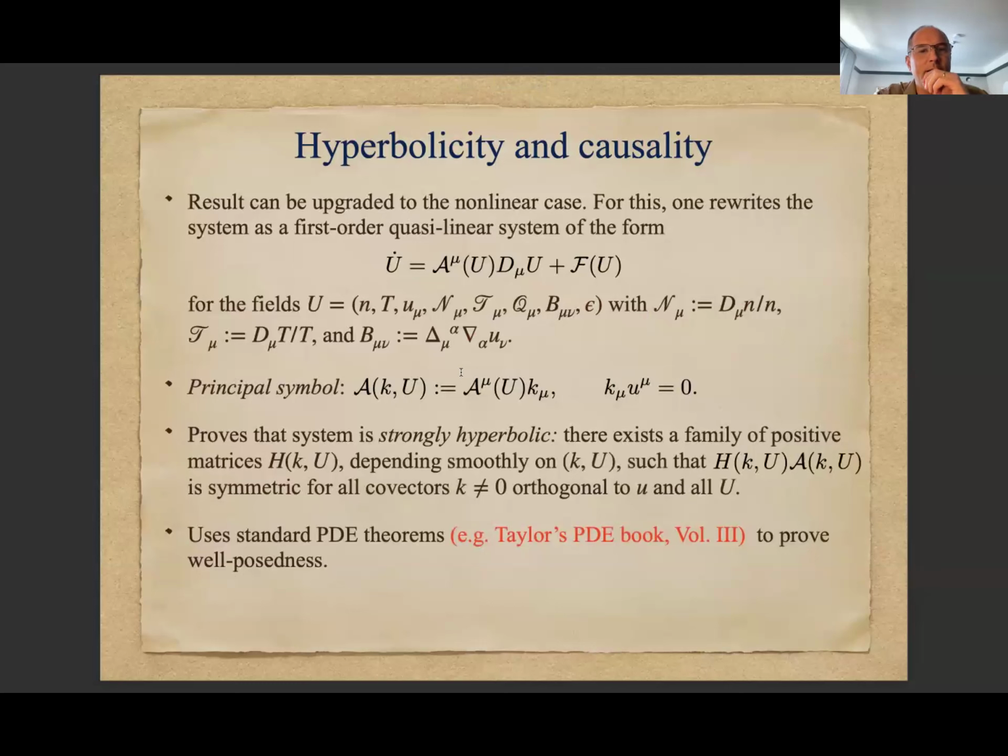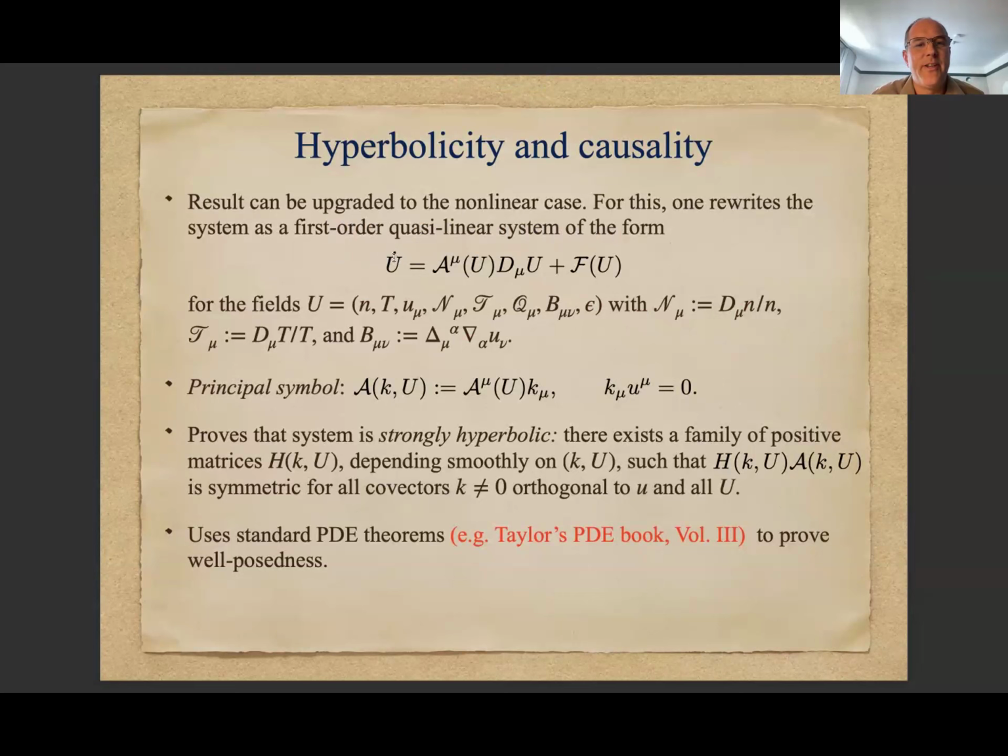Now you can upgrade these results to the nonlinear case and show local in time well-posedness. For this, you need to do a little bit more work. The way we showed this was to go back to the original system and rewrite it as a first order quasi-linear system of the following form.